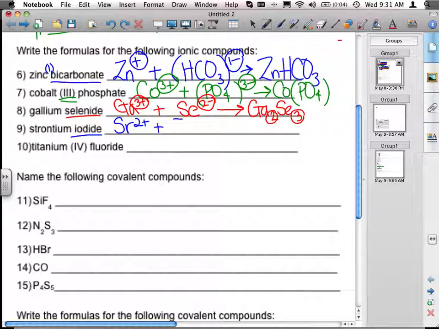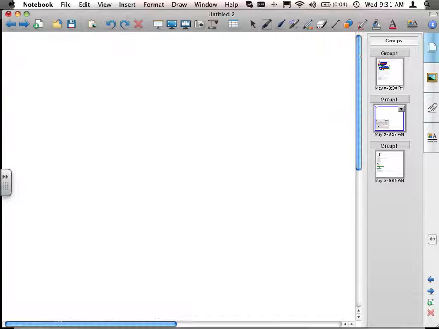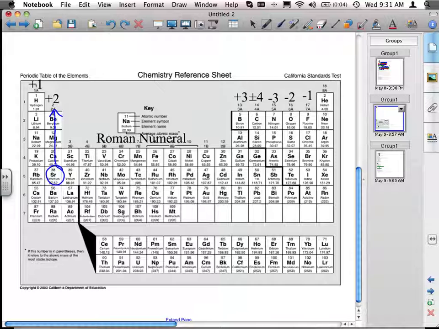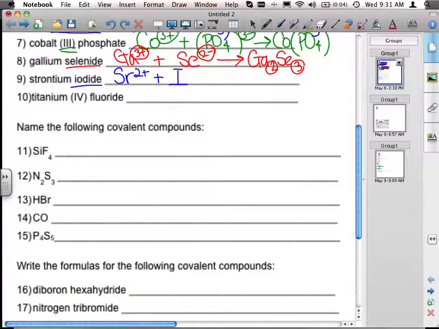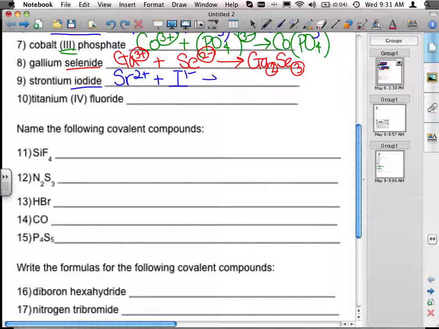Iodide is iodine. Go to my periodic table. I find iodine right here with a -1 charge. To balance them out, I need to have a +2 and a -2, which means I need another iodine. Number 10.